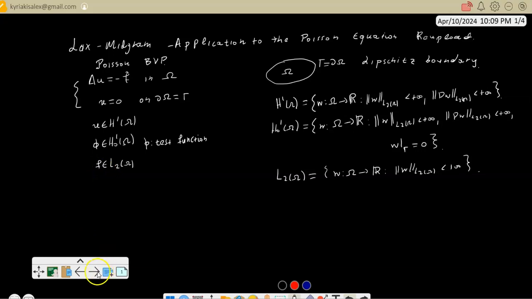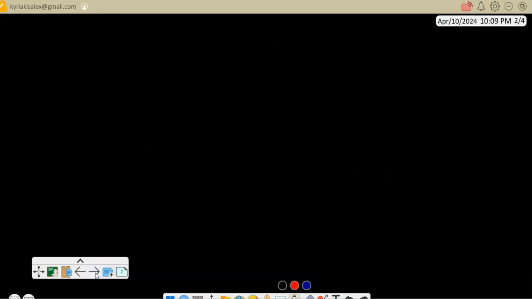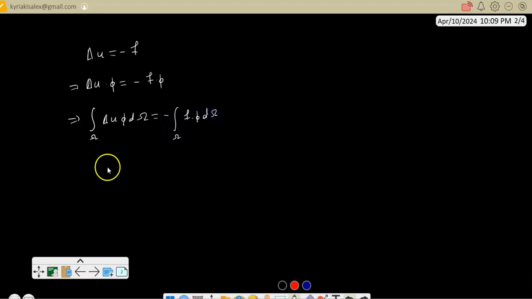So I need to obtain the weak formulation of the Poisson equation. I multiply with a test function, and then I have to integrate over the region omega. Now here I use Green's identity.